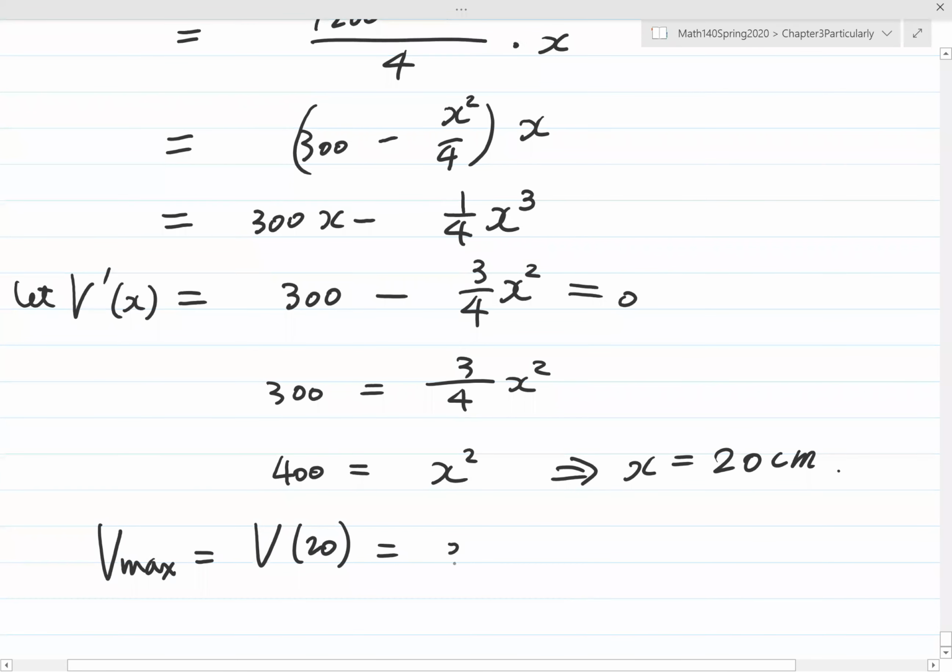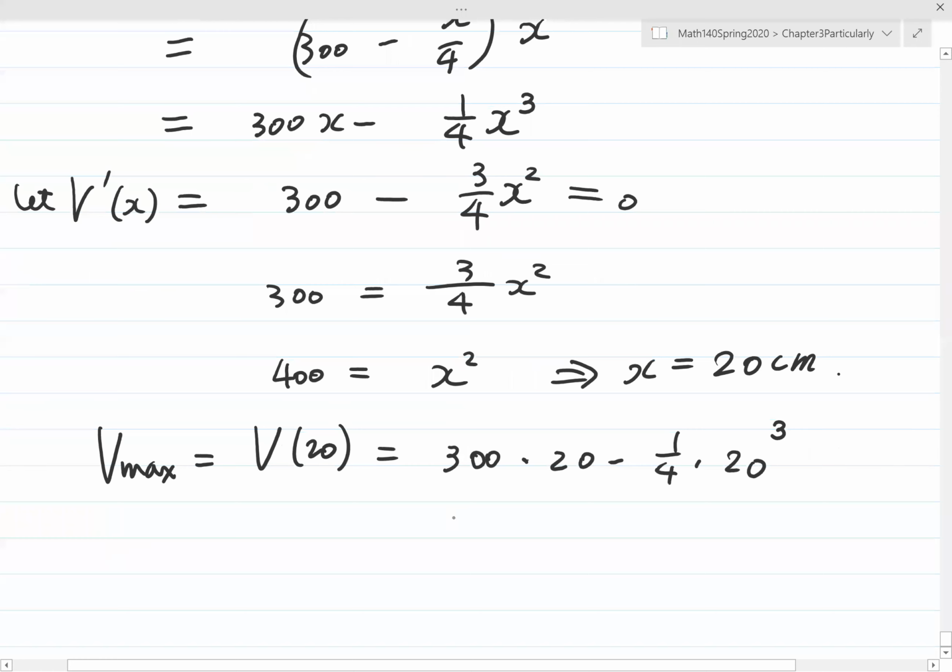Plug in 20: 300 times 20 minus a quarter times 20 cubed. So this is 6,000 minus 8,000 divided by 4, which is 2,000. So you get 4,000. The unit is centimeters cubed.